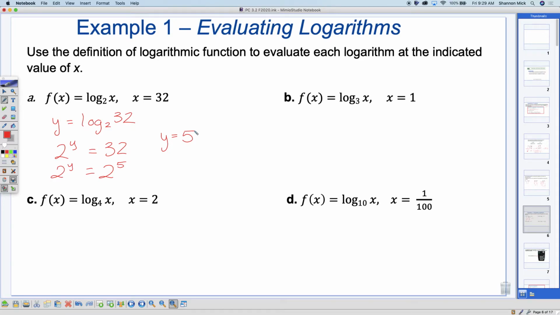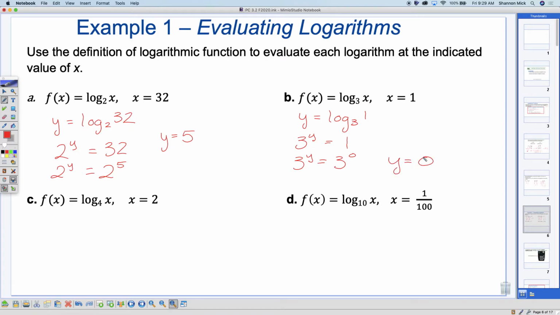Okay, so this one is what? y equals log base 3 of 1. So it's going to be 3 to the y equals 1. What is the only power that gives you 1? 0. So this is 3 to the y equals 3 to the 0, so y equals 0.